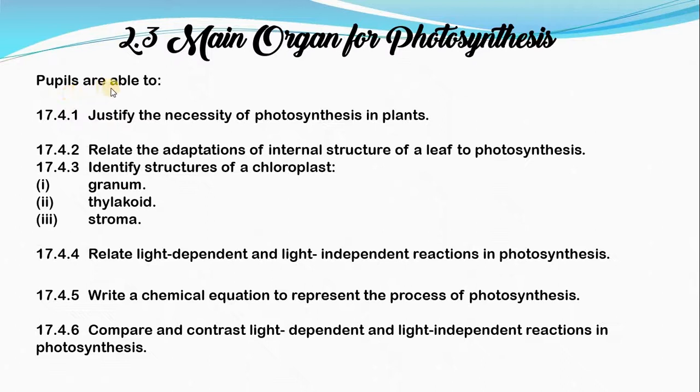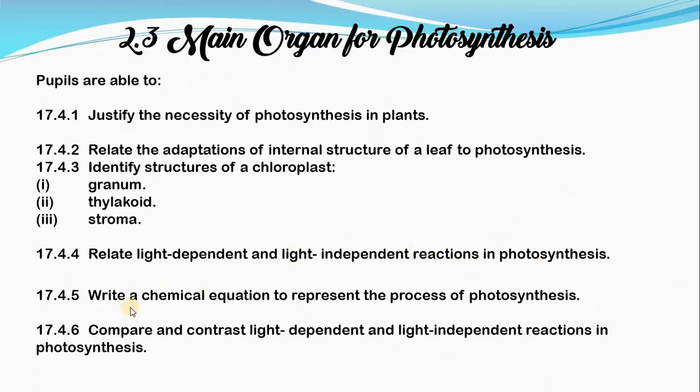Pupils are able to, first, justify the necessity of photosynthesis in plant. Number 2, relate the adaptation of internal structure of a leaf to photosynthesis. Number 3, identify structure of chloroplast that consists of the granum, thylakoid and stroma. Number 4, relate light dependent and light independent reactions in photosynthesis.